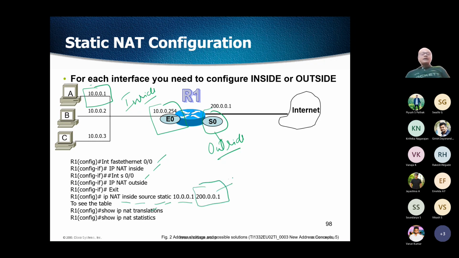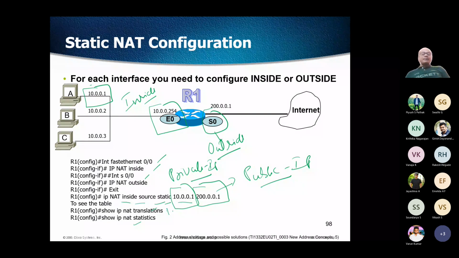This is your public IP, and this is your private IP. Understood, guys? Then how to check the verification? Show IP NAT translation or show IP NAT statistics. This is how we check your NAT.